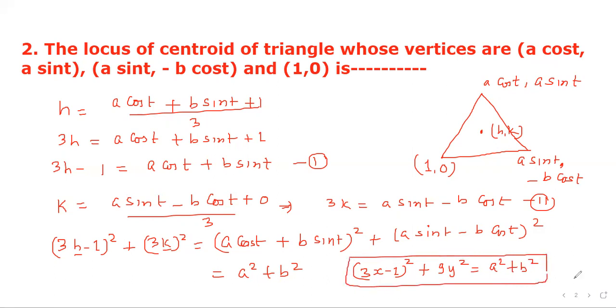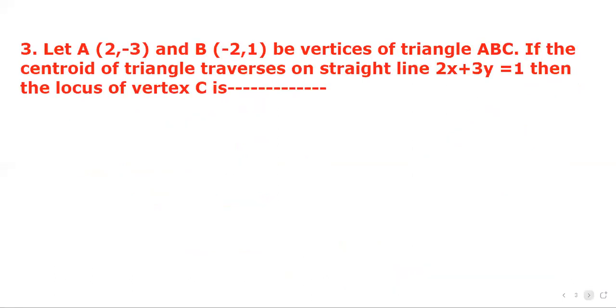Now, let's go to the next question. Question number 3. Let A (2, minus 3) and B (minus 2, 1) be vertices of triangle ABC. So we have a triangle with A (2, minus 3) and B (minus 2, 1).